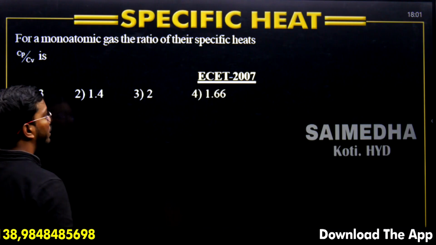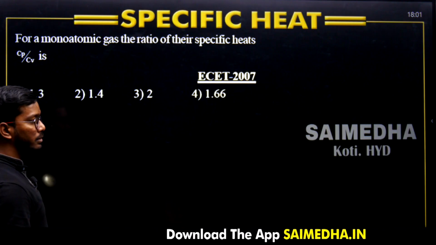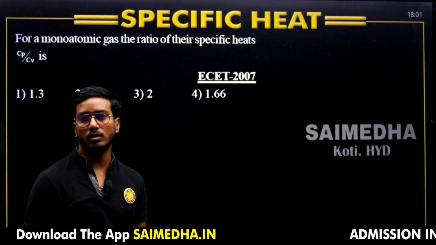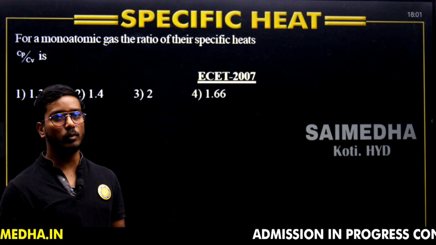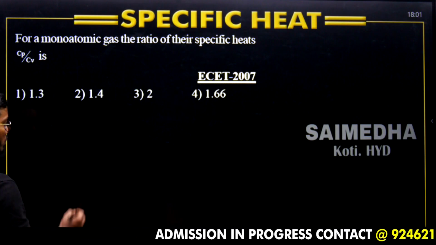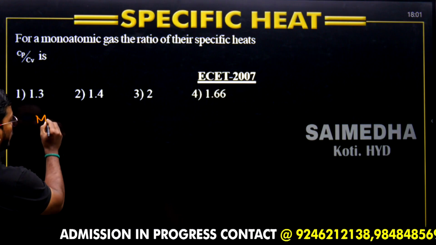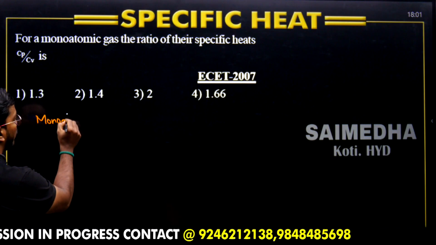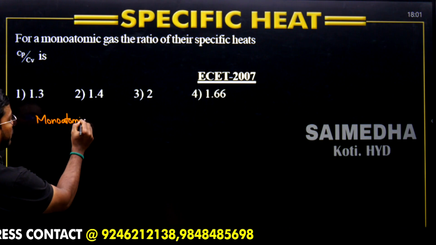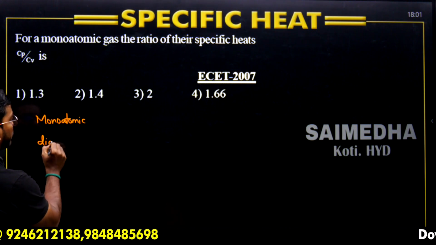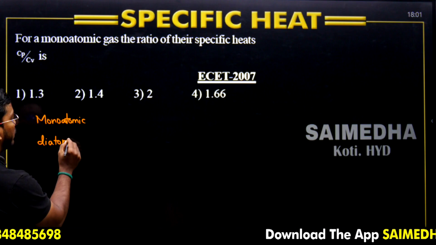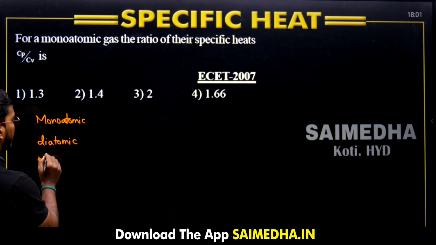For a monoatomic gas, the ratio of specific heats. First of all, let us discuss this concept of monoatomic, diatomic and polyatomic gas. Okay. So, the first type of gas is monoatomic gas, followed by diatomic gas, and the third one is polyatomic gas.